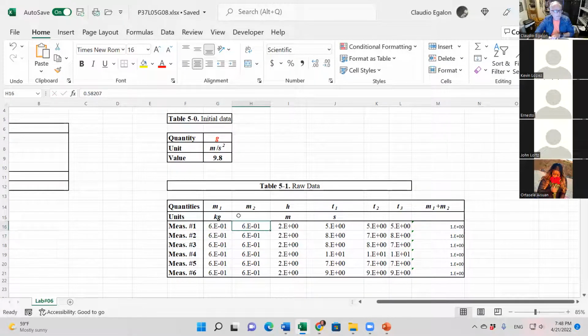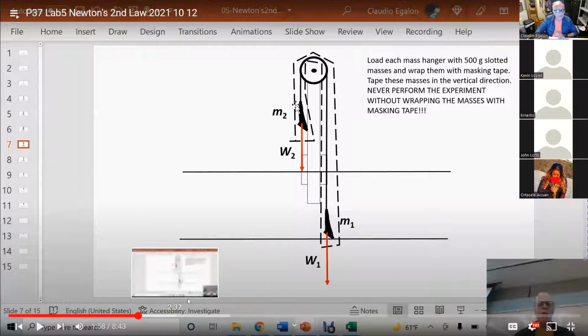You start at 550 for both masses, and then you add more mass to M2. From 550 it becomes 585, 35 grams more for this specific case. Keep that in mind. Net mass is approximately 1100 grams.